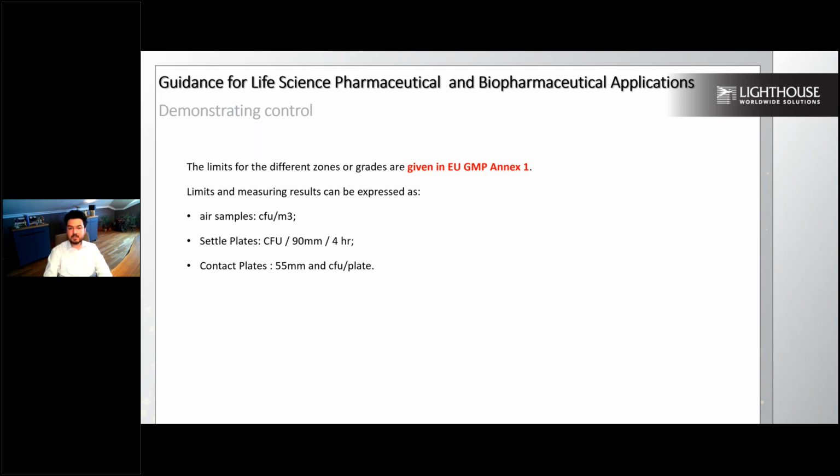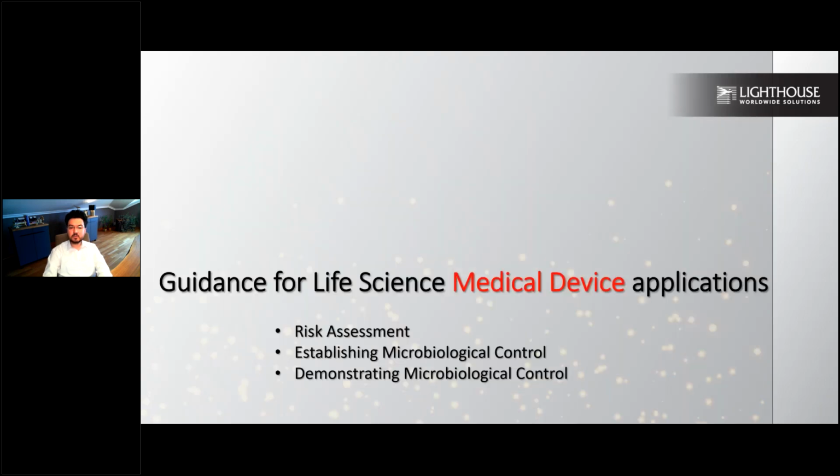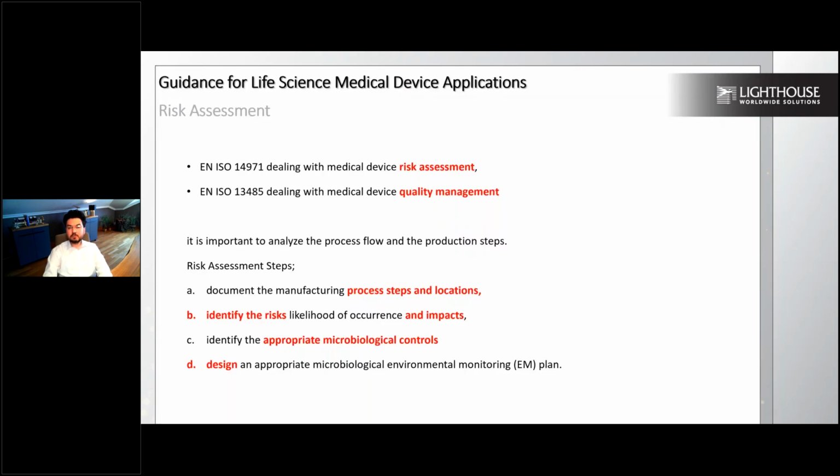But if we come to the medical device, the reason I took this medical device is that it will give you a good highlight of establishing risk, how you will be collecting, where you will be collecting, and what will be the frequency of your microbiological control parameters. This medical device application gives you the full scope of the project.